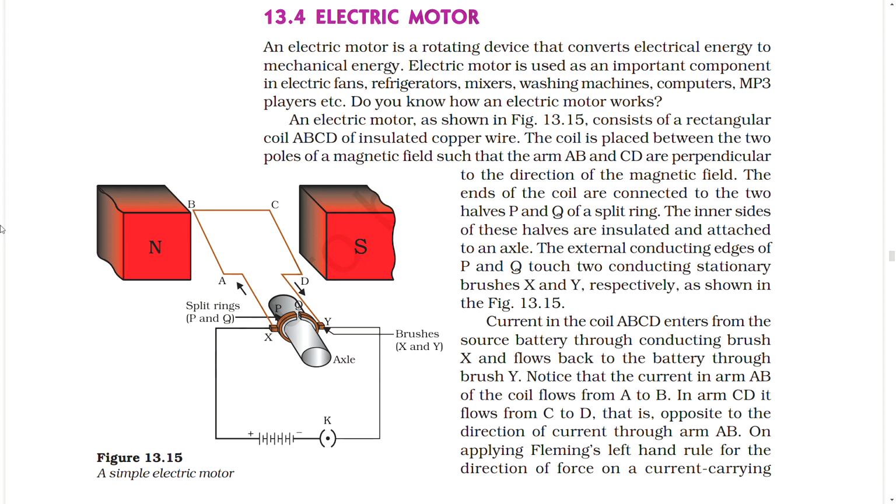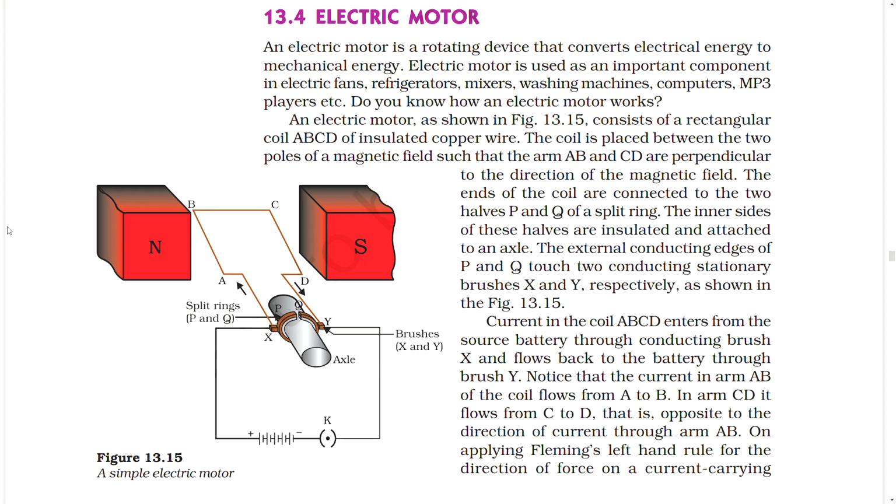An electric motor, as shown in figure, consists of a rectangular coil ABCD of insulated copper wire. The coil is placed between the two poles of a magnetic field such that the arms AB and CD are perpendicular to the direction of the magnetic field. The ends of the coil are connected to the two halves P and Q of a split ring.